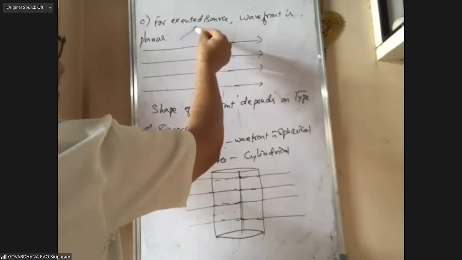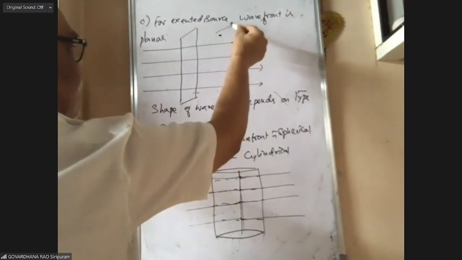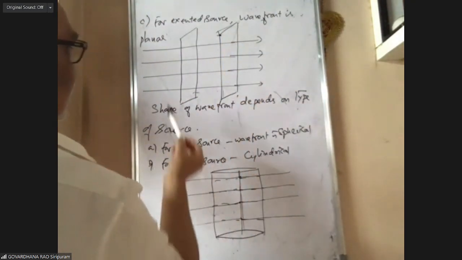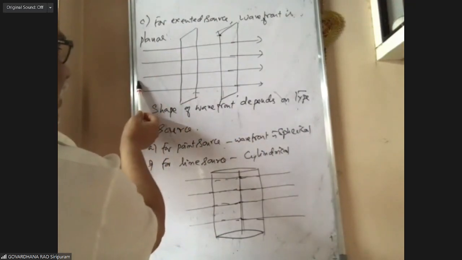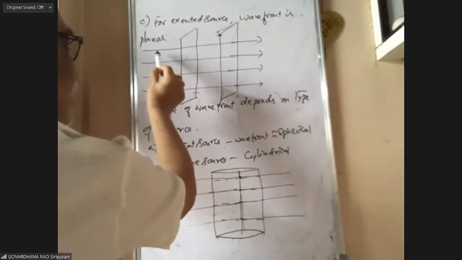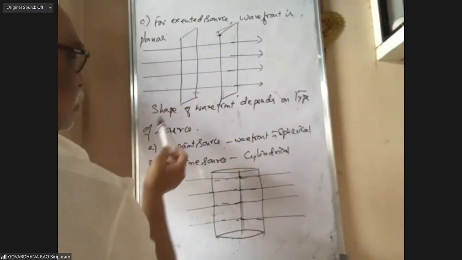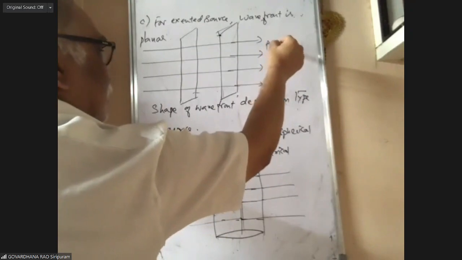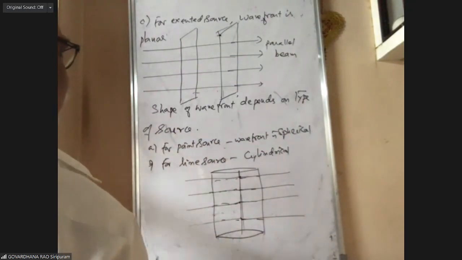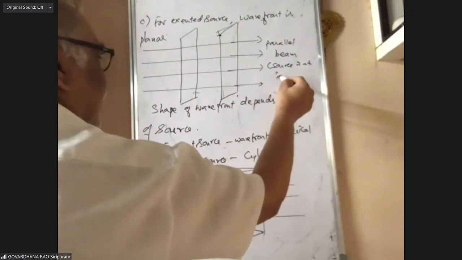And what is the nature of wavefront? Planar wavefront. Like this. This is a wavefront. So for extended source means source is at infinity. So what are the rays? Any straight line drawn perpendicular to wavefront is a ray. How are the rays for extended source? Parallel beam. This is a parallel beam. Your source is at infinity.